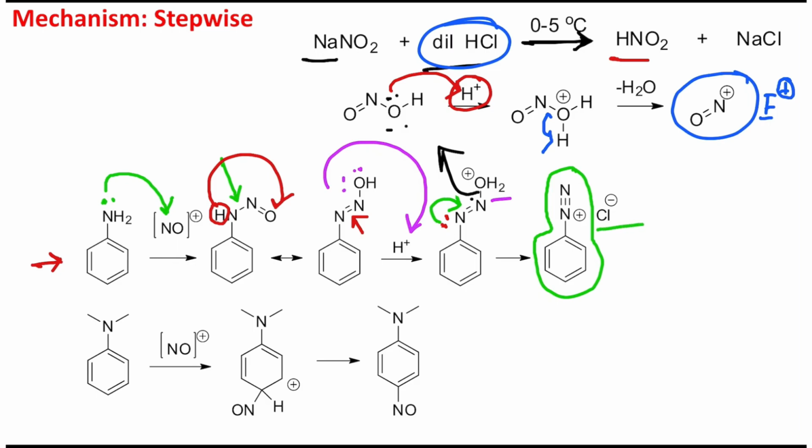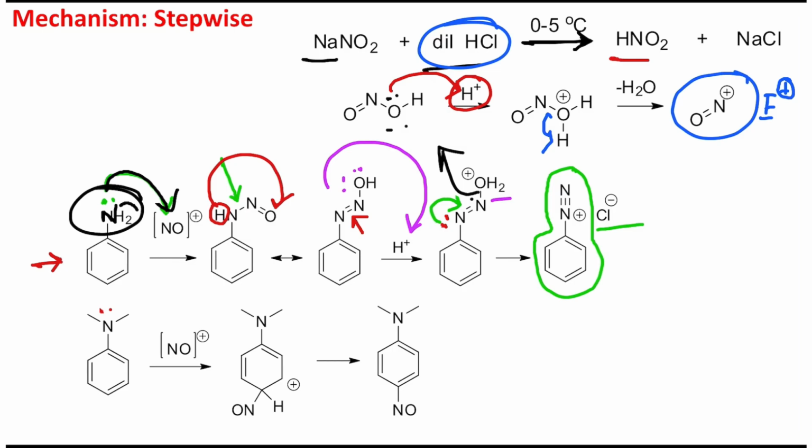And in the next step, in this case, it reacts with N,N-dimethyl aniline. See, student, in the previous case, whenever this nitrogen attacked this NO+, one proton was released to counterbalance the positive charge on this NH2 nitrogen. So this positive charge on this nitrogen was counterbalanced by releasing one proton.